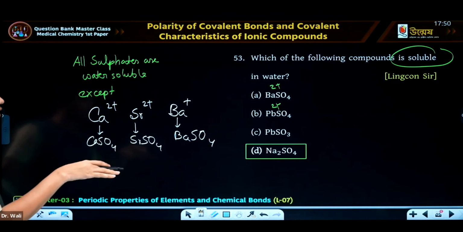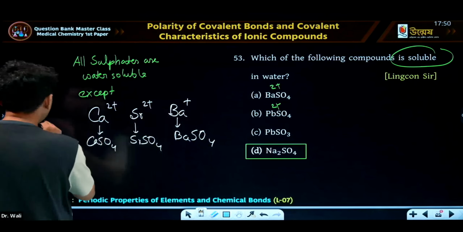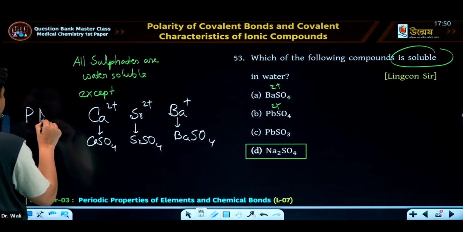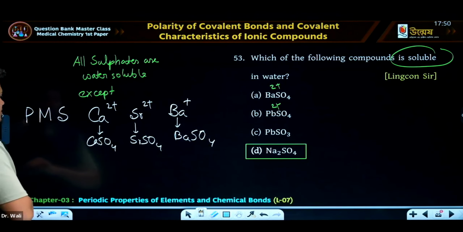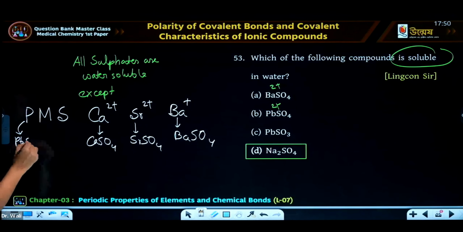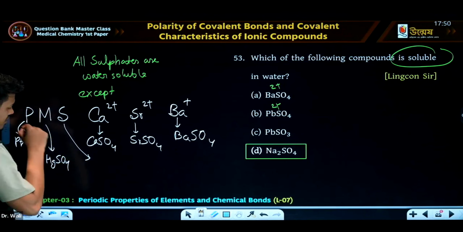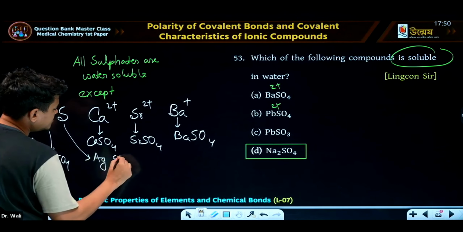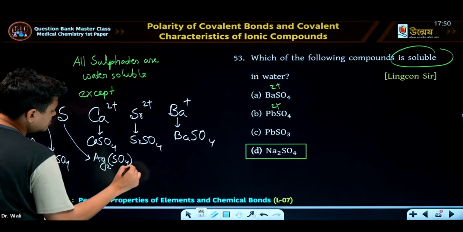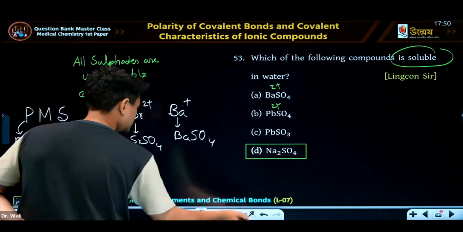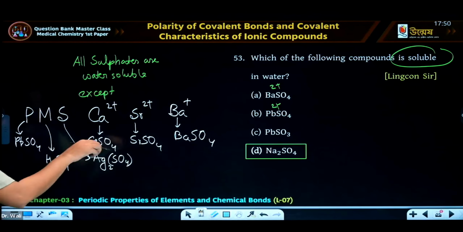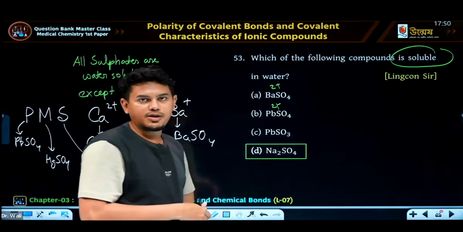These are not water soluble. Moreover, lead sulfate, mercuric sulfate, and silver sulfate are also not soluble. Okay. With this, I would like to mention that sodium sulfate would show higher solubility in water.